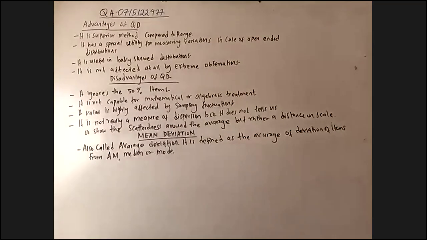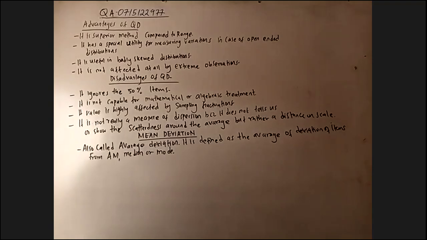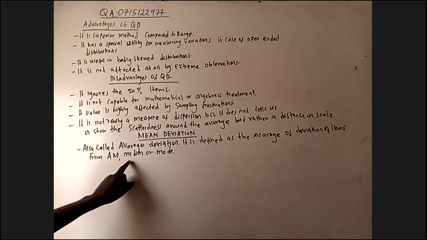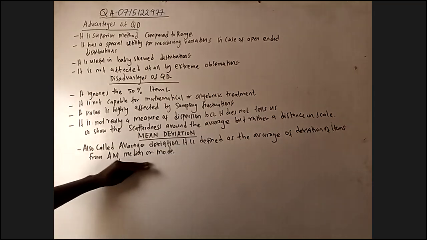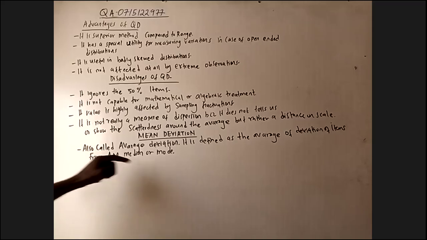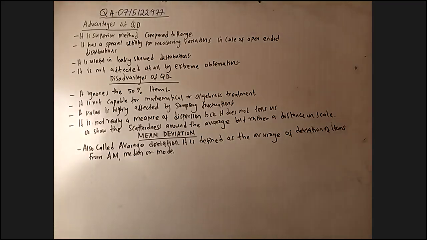So, on an average basis, how do the items deviate from the measures of central tendency? That's what we call the average deviation.